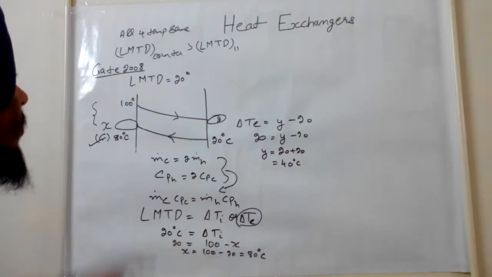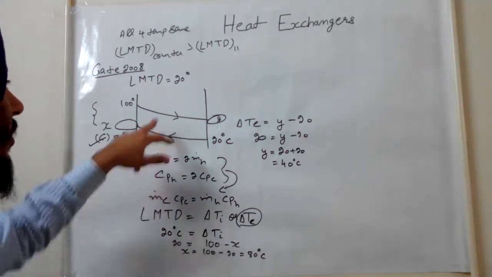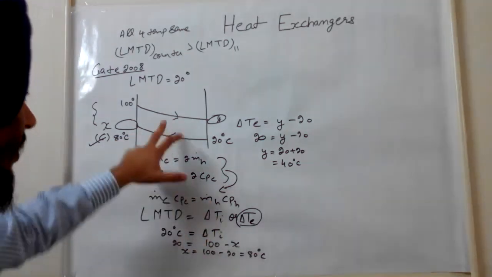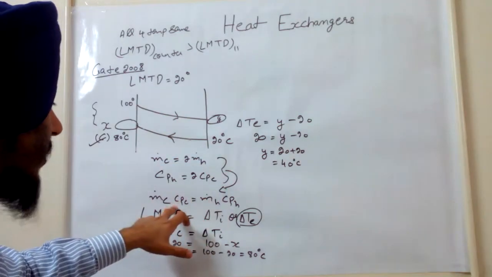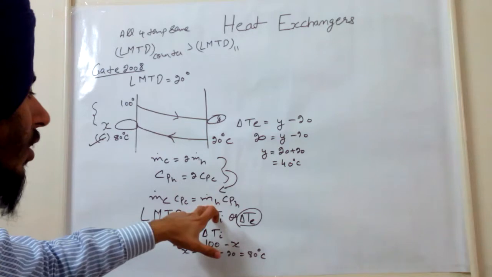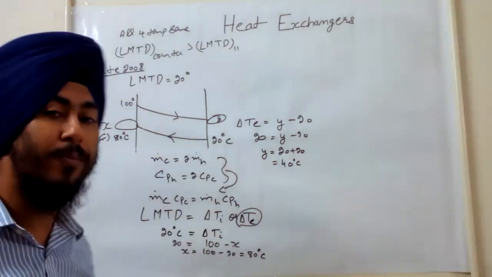So it is a very good question, GATE 2008. We have used here case 2. In case 2, clearly see it is a counterflow heat exchanger, and the heat capacities of cold and hot fluids are same.